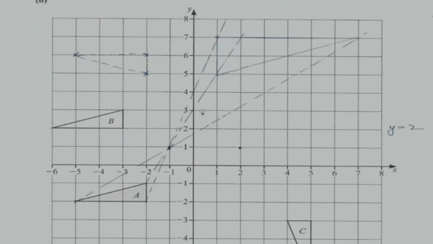Then we can get the triangle like this. This is going here, this one going here, and this is going here. So the triangle comes like this. This is the enlargement of scale factor 2.